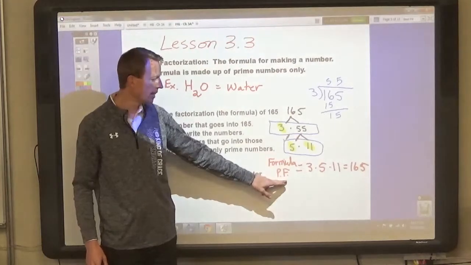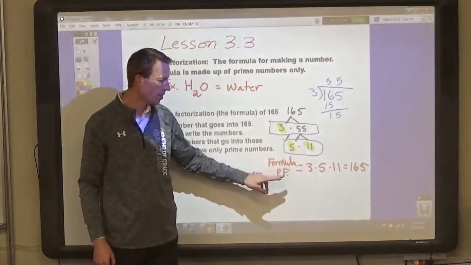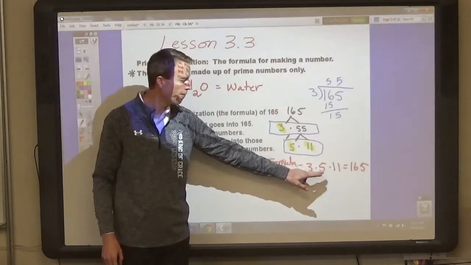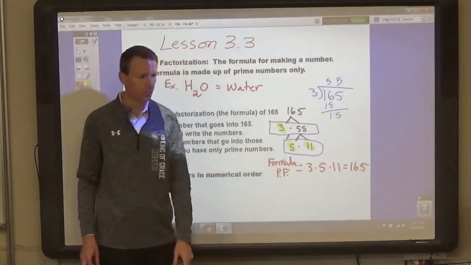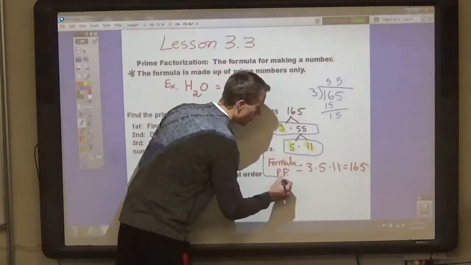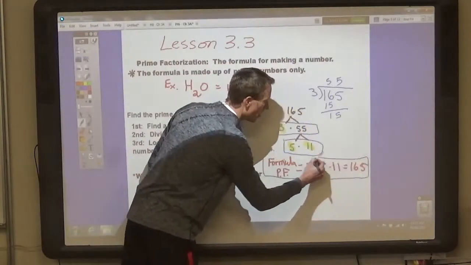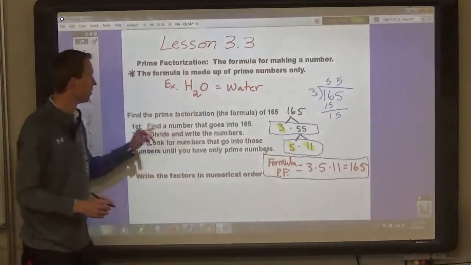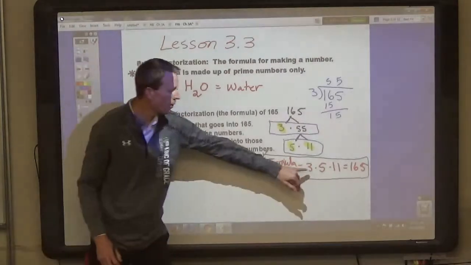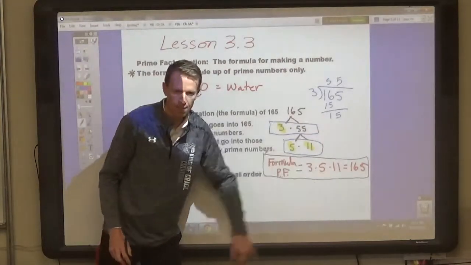The prime factorization, or the formula, is 3 times 5 times 11. This is the answer. The prime factorization of 165 is 3 times 5 times 11.